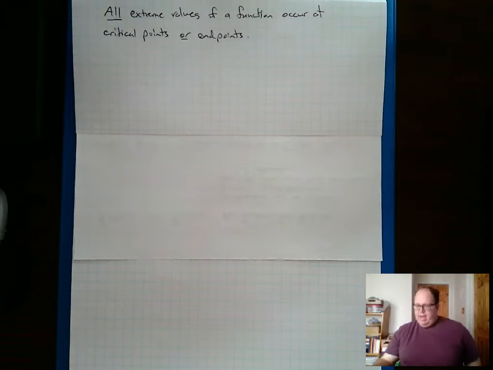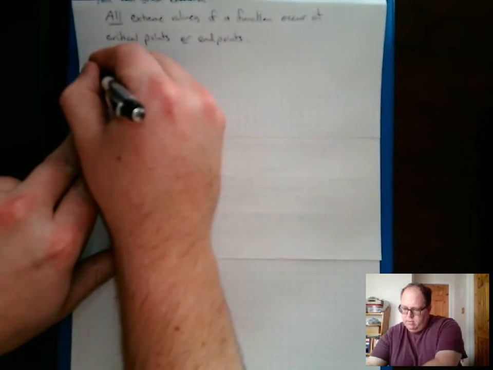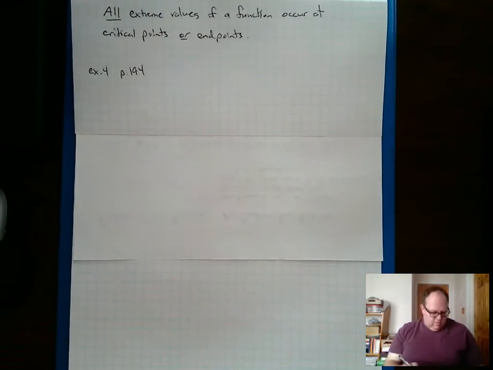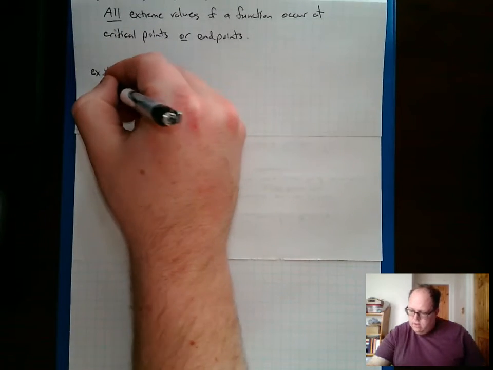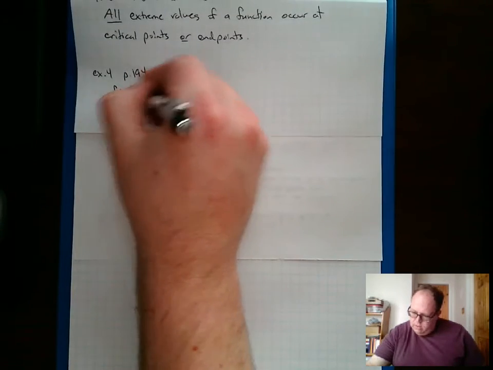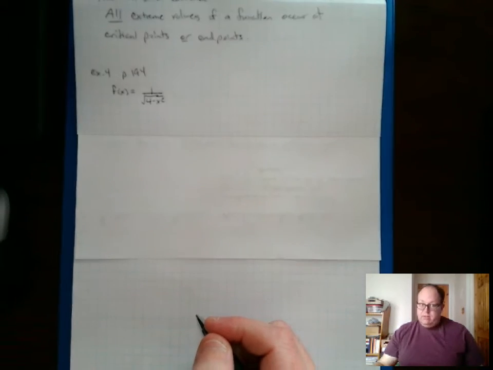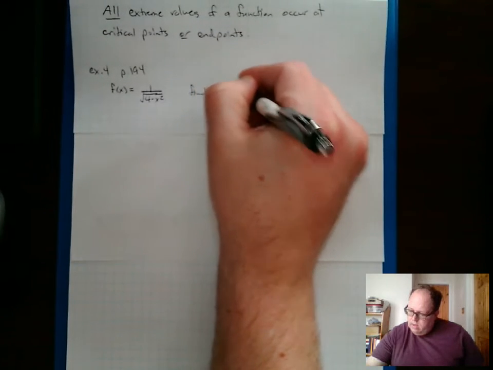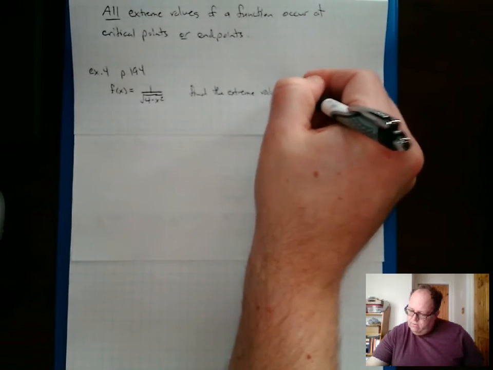So if I take a look at example 4 from page 194 of your textbook, we're given a function f of x equals 1 over root 4 minus x squared, and we're asked to find the extreme values of f of x.